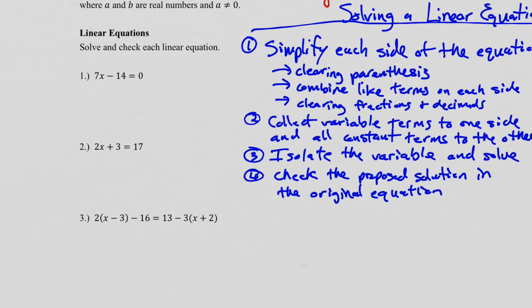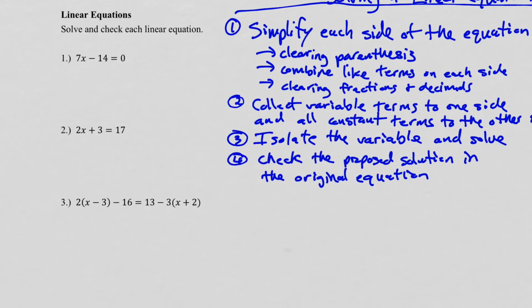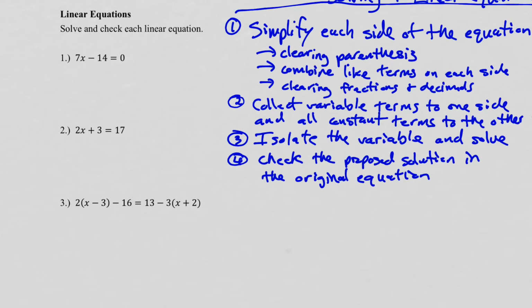Now, let's just kind of apply these over here. So 7x minus 14 equals 0. Now you could probably solve this by inspection. That means you just kind of say, well, what x would I need to multiply by 7 in order to subtract 14 and get 0? Well, I know 14 minus 14 is 0, so I need this x to be a 2.